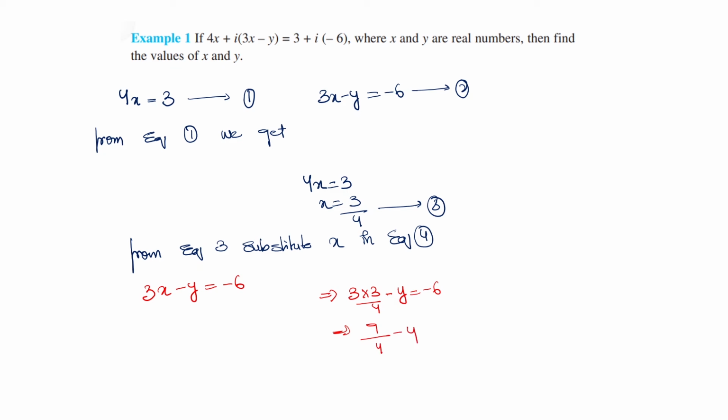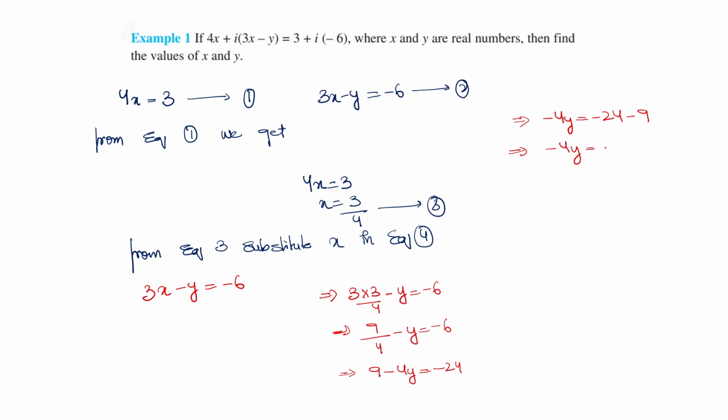That implies 9 by 4 minus y equals minus 6, and that implies 9 minus 4y equals minus 24. I took the LCM under 4, then sent it to the other side. So 9 minus 4y is equal to minus 24. So minus 4y equals minus 24 minus 9.